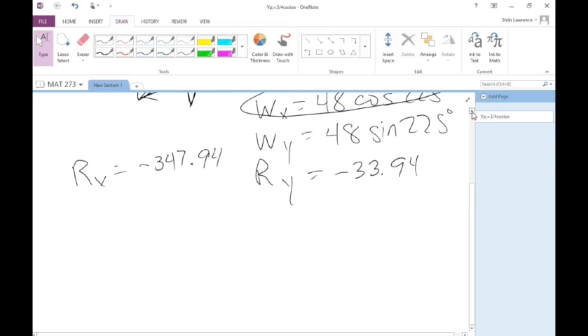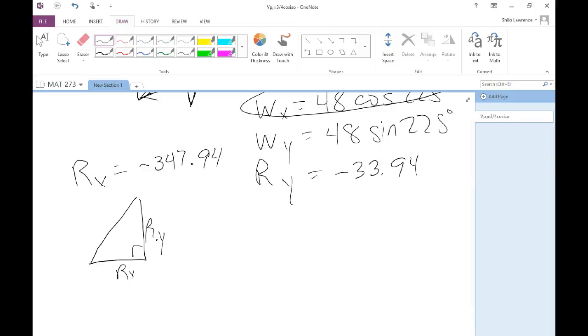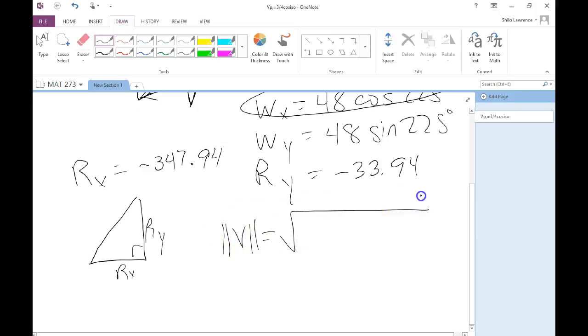So we actually want magnitude and direction. And remember, you can think of r sub x and r sub y as the legs of your right triangle. The actual magnitude is the hypotenuse. So changing your components back to a magnitude is just the Pythagorean theorem. So they wanted us to call it v. So this is the speed of the plane.